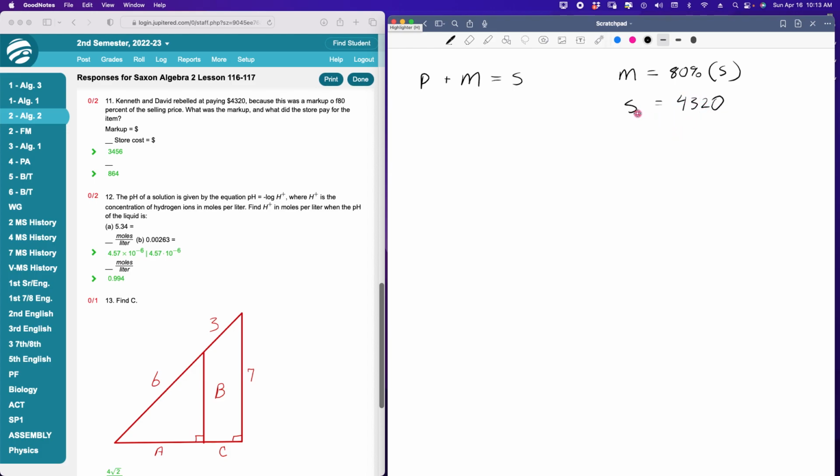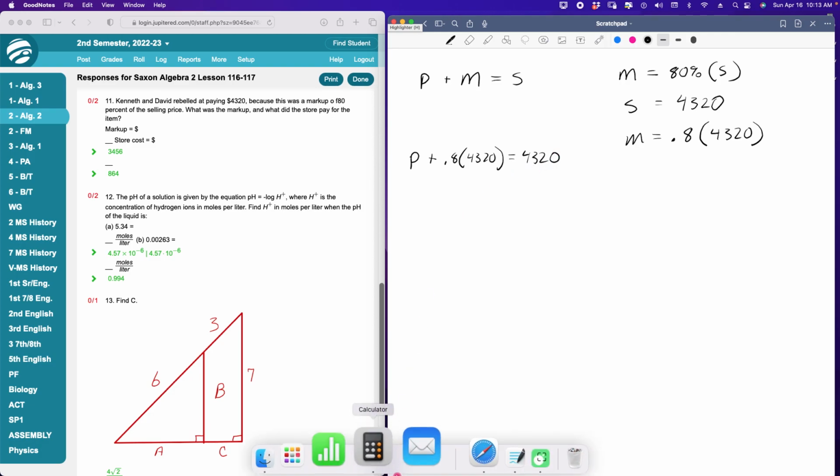So I'm going to substitute in $43.20 for the S here. So markup is equal to, and I'm going to change this to a decimal, 0.8 times 43.20, because that's these two things combined. So I'm going to put that back into my original problem. The purchase price plus the markup, which is 0.8 times 43.20, is equal to the selling price, which is 43.20. Now I'm going to do the calculations.